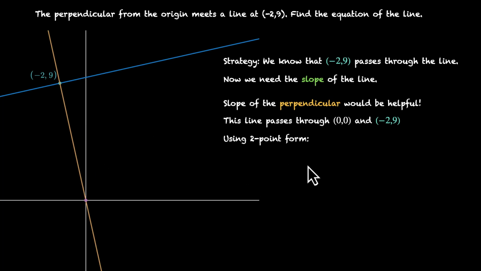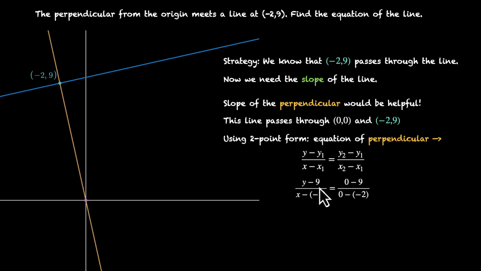So using 2-point form, the equation will be (y minus y1) by (x minus x1) equals (y2 minus y1) by (x2 minus x1). So that's (y minus 9) by (x minus -2) equals (0 minus 9) by (0 minus -2). So that's going to be (y minus 9) by (x plus 2) equals minus 9 by 2. And this minus 9 by 2, if you notice carefully, that's the slope of this yellow line.